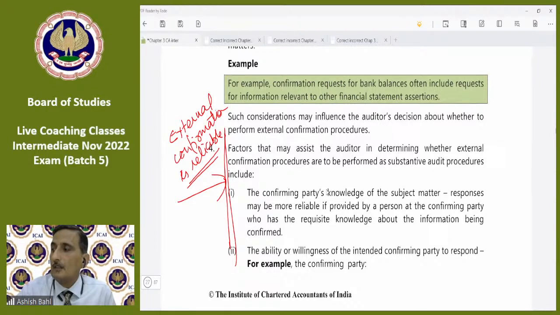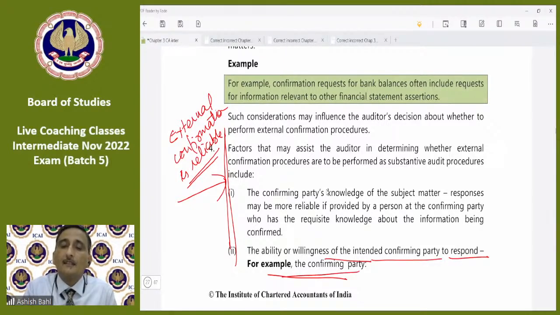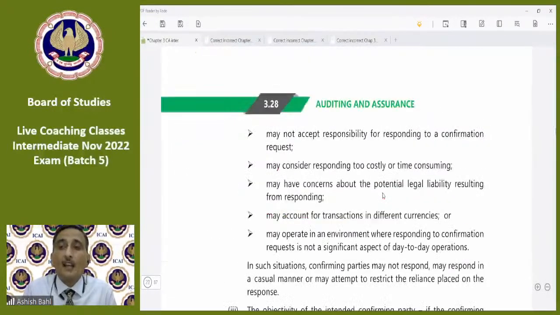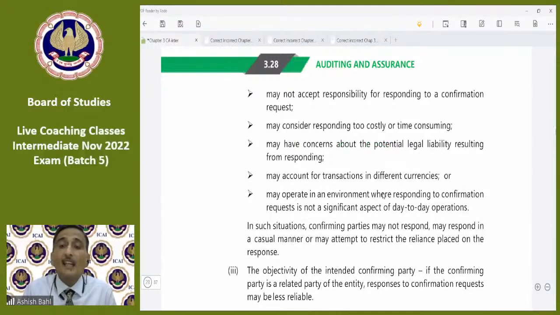Or willingness of the intended confirming party to respond, that the party to whom external confirmation has been sent is willing to respond.